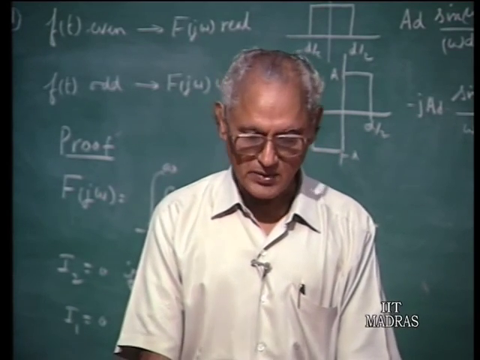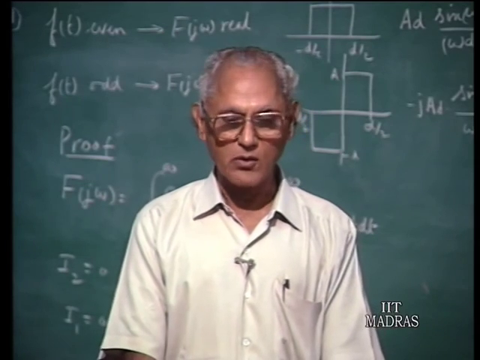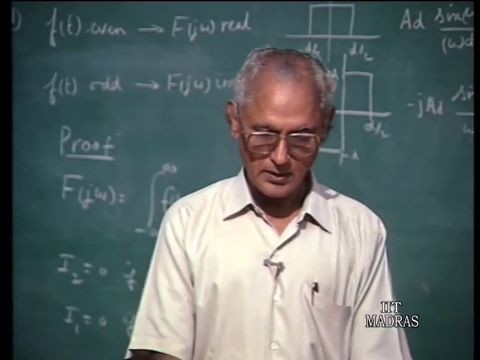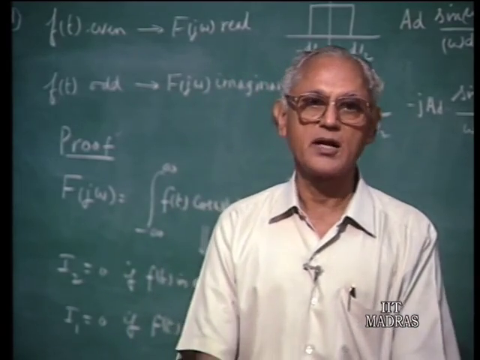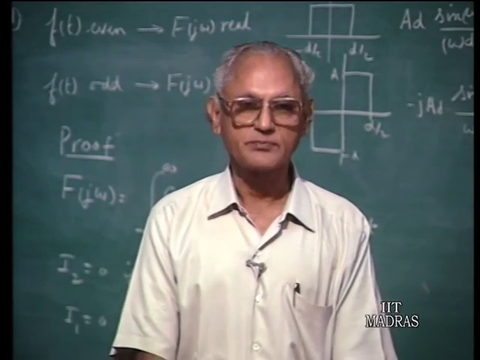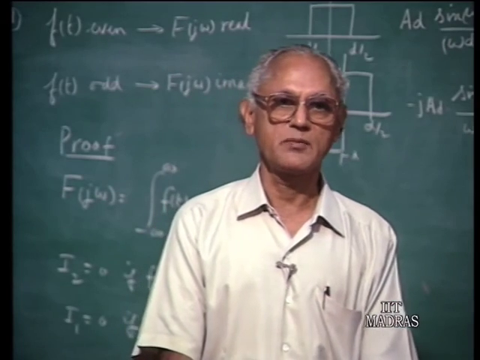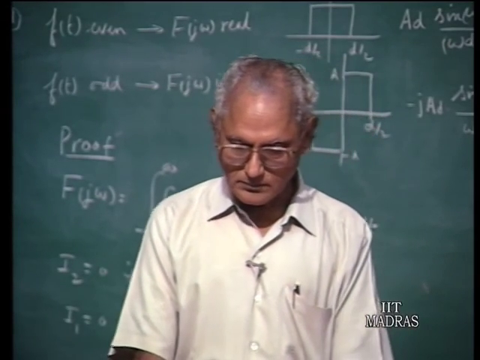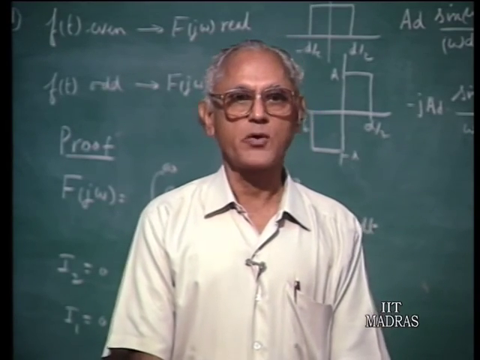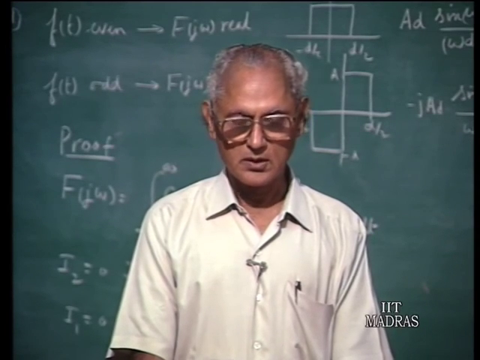This is not surprising because we saw a similar result in the case of the Fourier series where the Cn coefficients' magnitude will remain undisturbed if the periodic function is delayed by a certain amount of time, say τ seconds. Only the phase will get modified. After all, F(jω) is closely related to the Cn coefficients, therefore we have a similar result here also. We will stop at this point and continue our discussion of the properties of the Fourier transforms in our next lecture.